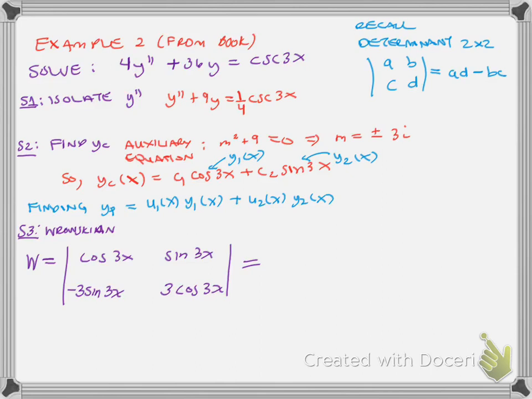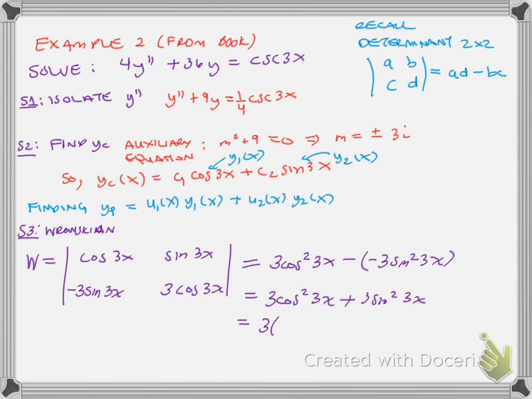All right, so that will give us 3 cosine squared 3x minus a negative 3 sine squared 3x. So that's 3 cosine squared 3x plus 3 sine squared 3x. We can factor out a 3. We get cosine squared 3x plus sine squared 3x. And that's 3 times 1, which equals 3.